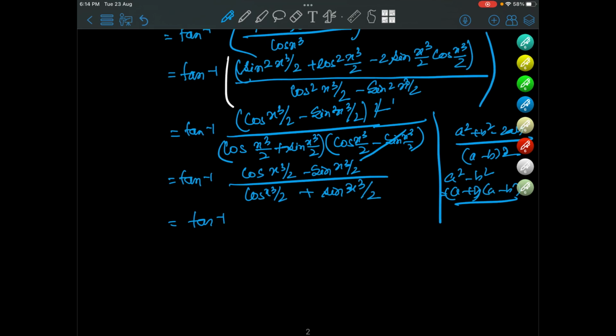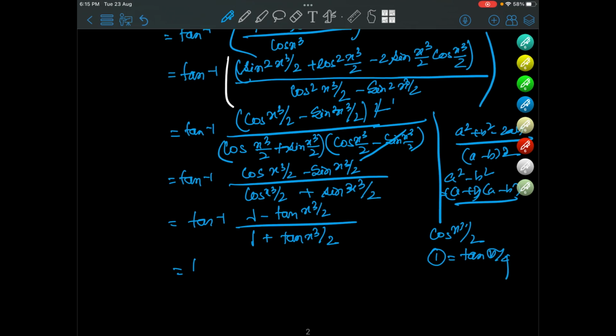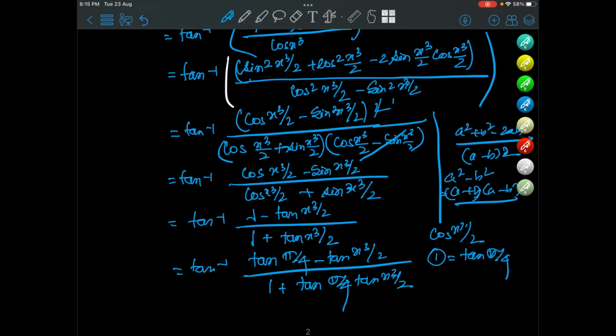Now we can divide numerator and denominator by cos x cube by 2. What will we get? We get (1 minus tan x cube by 2) over (1 plus tan x cube by 2). What is the value of 1? The value of 1 is tan pi by 4. So we can write 1 as tan pi by 4, giving (tan pi by 4 minus tan x cube by 2) over (1 plus tan pi by 4 into tan x cube by 2).